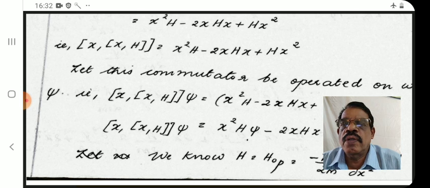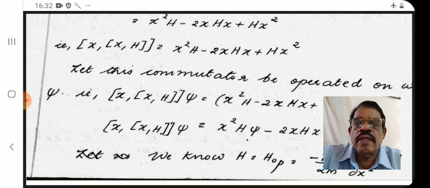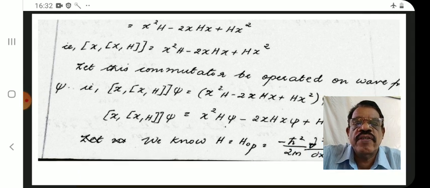There are two xHx terms in the above expression. So LHS, [x, xH], is equal to x²H minus 2xHx plus Hx². The step repeated. Let this commutator be operated on wave function psi.